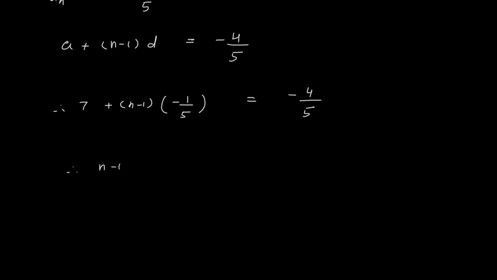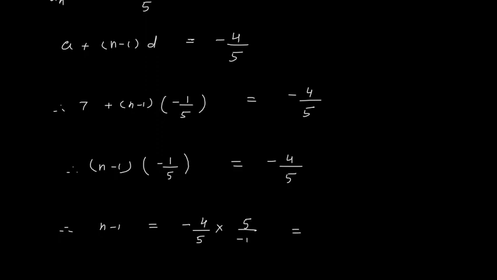So I will say that therefore N minus 1 into minus 1 divided by 5 is equal to minus 4 divided by 5. So therefore N minus 1 is equal to minus 4 divided by 5 multiplied by 5 upon minus 1.